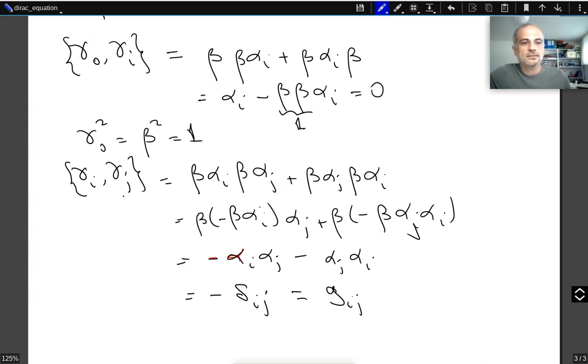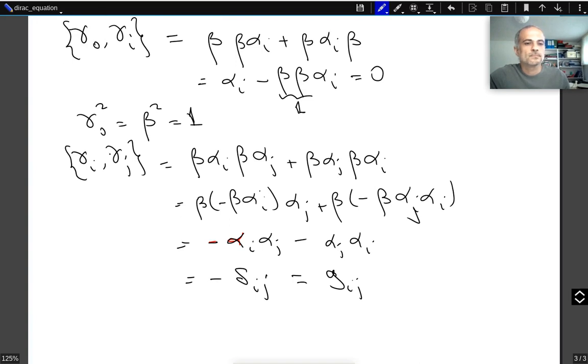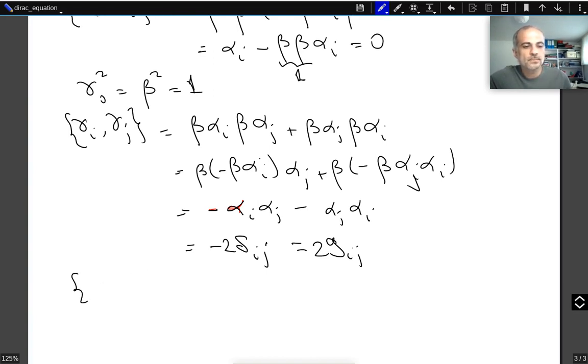So here there's a 2. Let's also check γ^i squared.